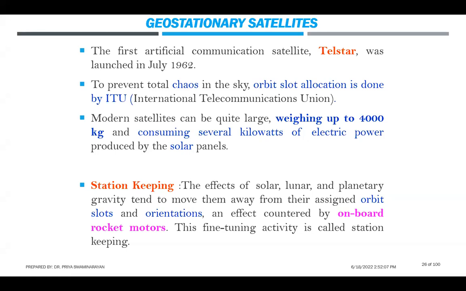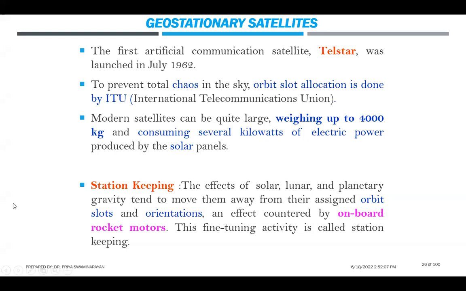Normally a satellite's weight is up to 4,000 kilograms, and it consumes electric power. For electric power, it uses a solar panel. With the help of the solar panel, it gets the energy and stays in working mode.